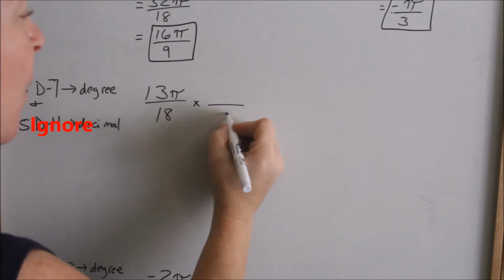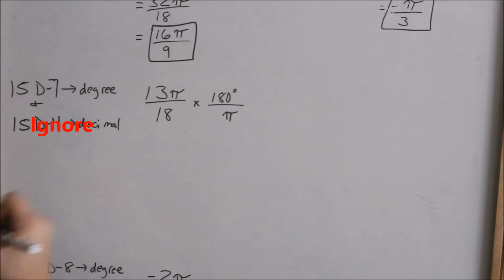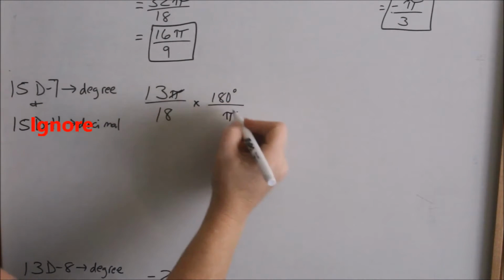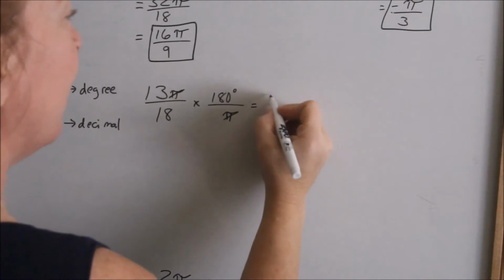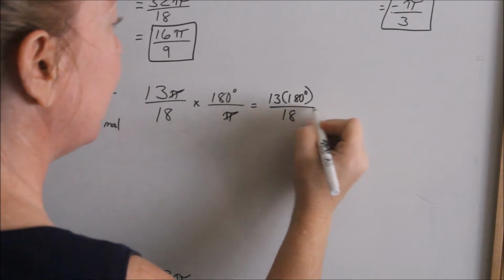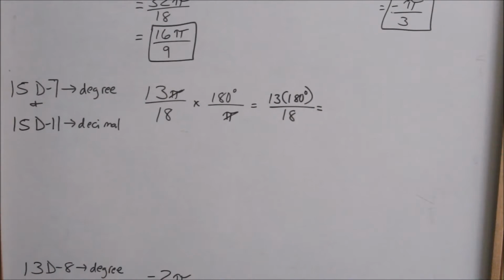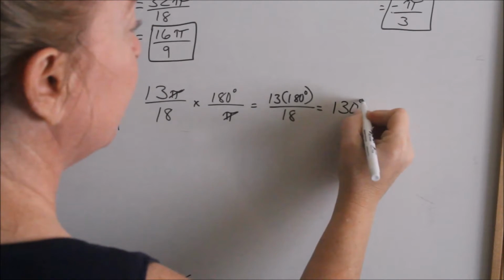So pi needs to go in the denominator. Pi is the same thing as 180 degrees. So therefore pi goes away, and now at this point it's just a matter of multiplying: 13 times 180 degrees divided by 18. And then you still have your degree unit left. So 13 times 180, and then dividing it by 18 is 130 degrees.